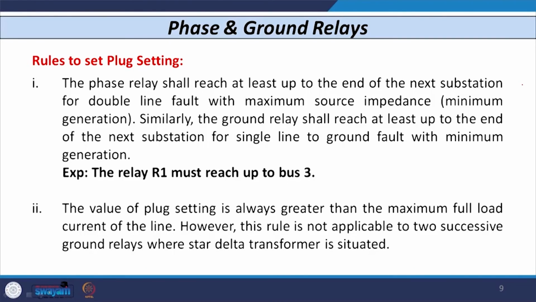However, this rule is not applicable for ground over current relay when two successive ground over current relays are connected, and in between them there is a star delta transformer. We will see later on why this rule is not applicable. This is because phase relays are connected across the secondary of line CTs, whereas ground relays are connected in the residual circuit of 3 line CTs.